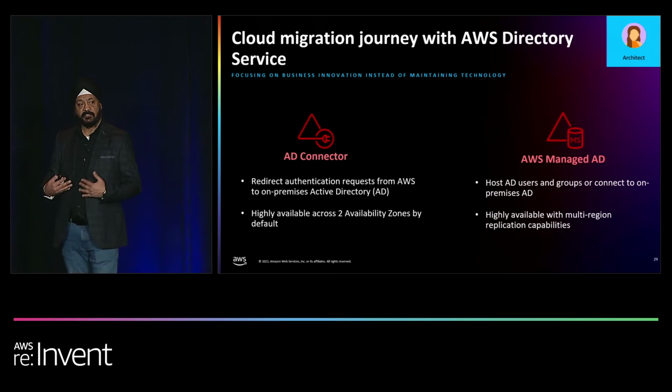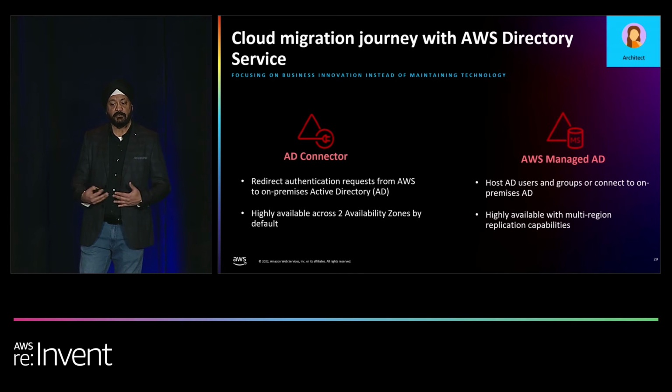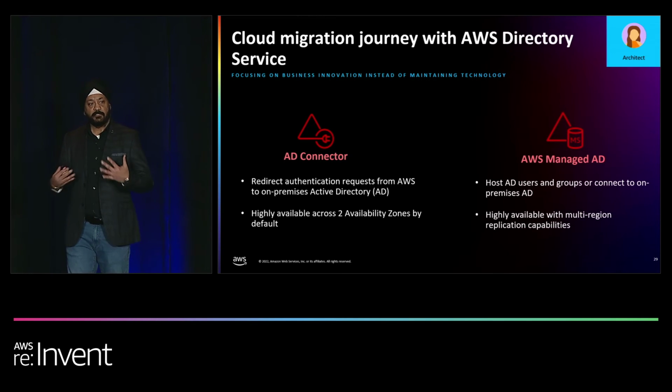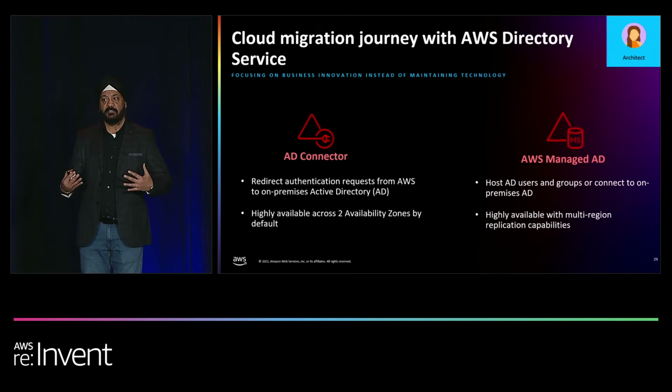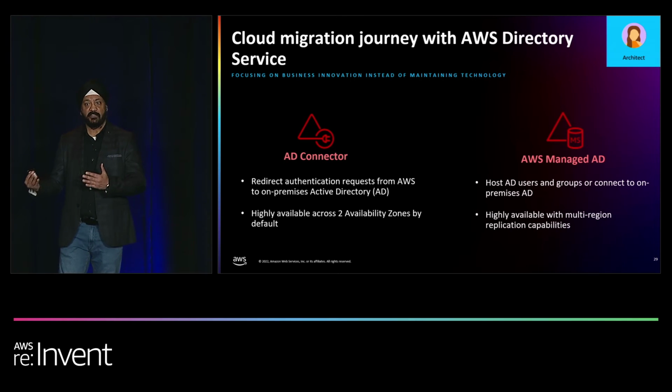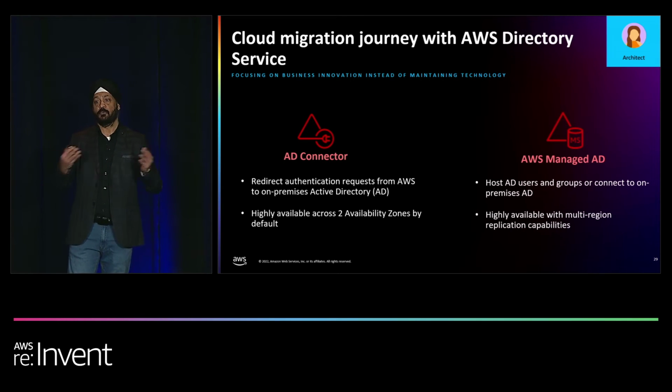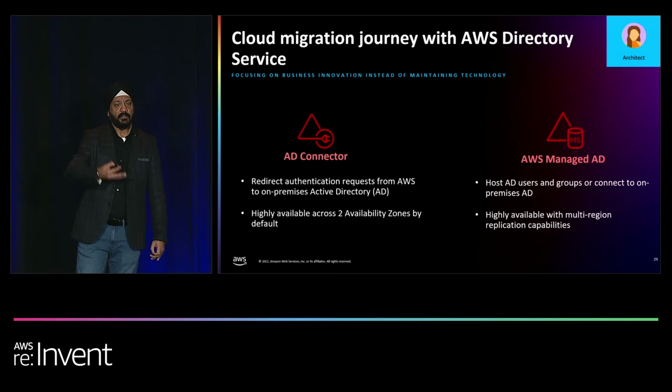So AWS has these two services, AD Connector and AWS Managed Active Directory, which between these two services lets you continue on your migration journey. Whether it is a lift and shift, where you just move it over to the AWS side, or in a phased approach, where you migrate slowly and continue with your journey. So AD Connector is basically to connect your AWS services to your on-prem Active Directory.